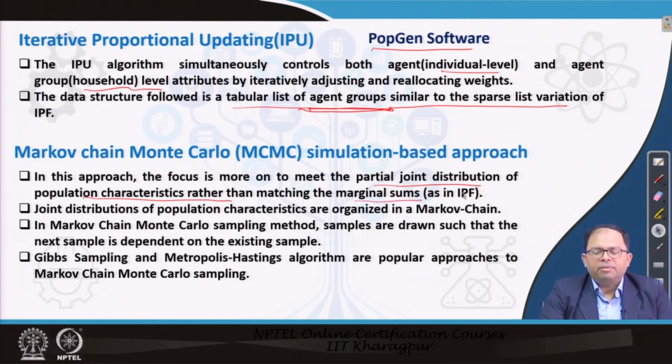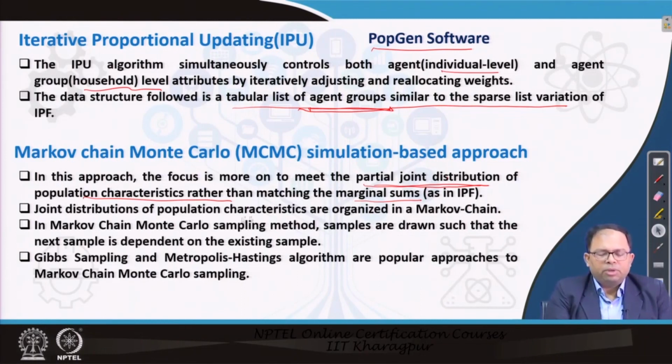Like in IPF, we try to match the marginal sums at the end of the day, but here based on the seed data, we see the partial joint distribution, that is how individual demographic groups are, and what the weightages of each individual demographic group are. So, using those distributions and their dependencies, we do a simulation, which is not exactly a simple random Monte Carlo simulation.